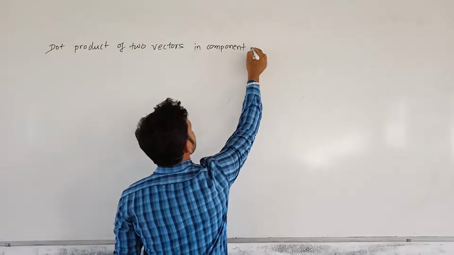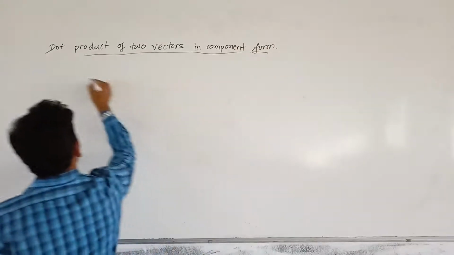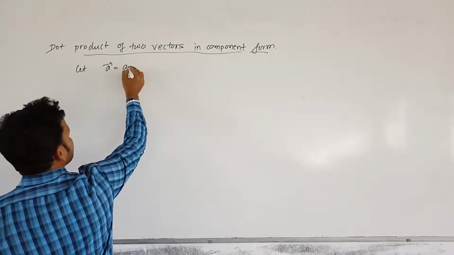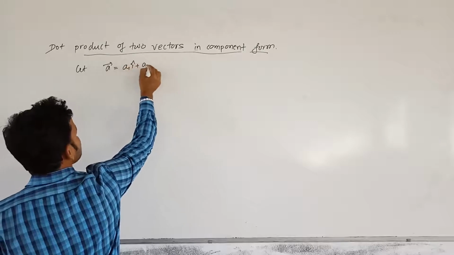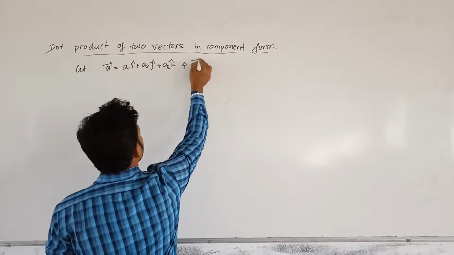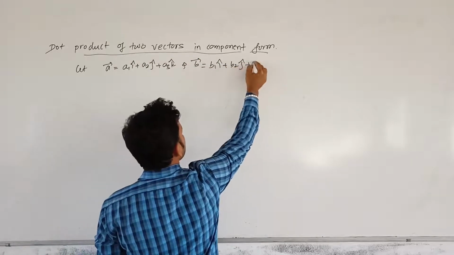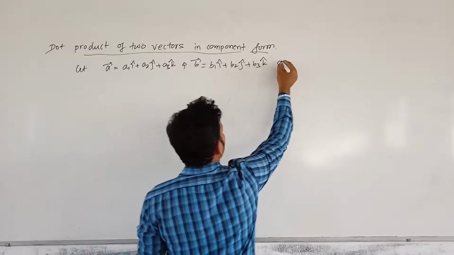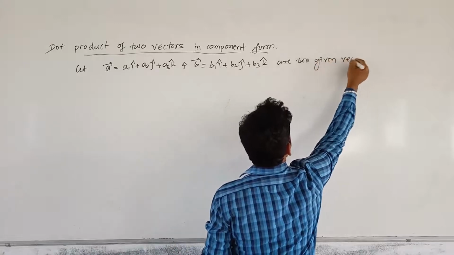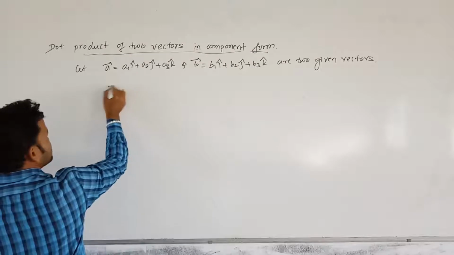Let vector A equal A1i plus A2j plus A3k and vector B equal B1i plus B2j plus B3k be two given vectors. Then what is A dot B equal to?